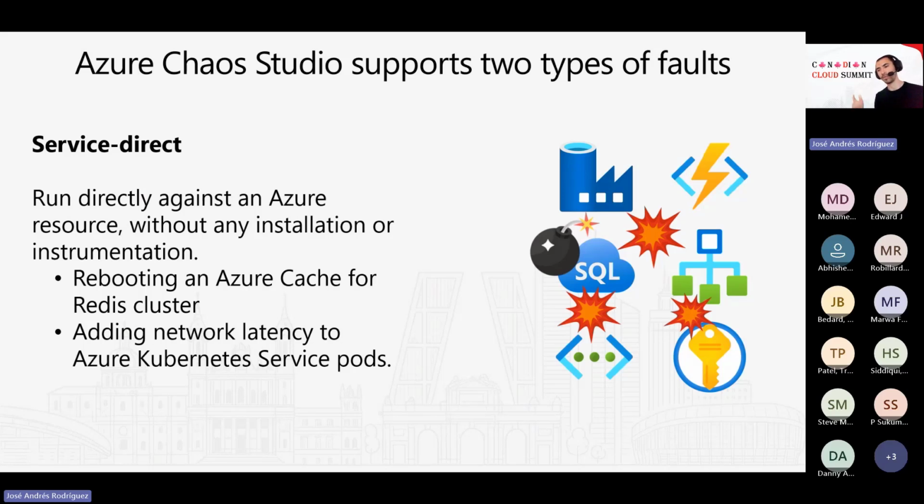You can just open up Azure Chaos Studio, make a few clicks, select the resources that you want the faults to be injected to, and that is it. And I have two examples there on the slide. So it could be something like rebooting an Azure Cache for Redis cluster, or maybe adding network latency to your AKS pods. So it's very, very easy in that sense.